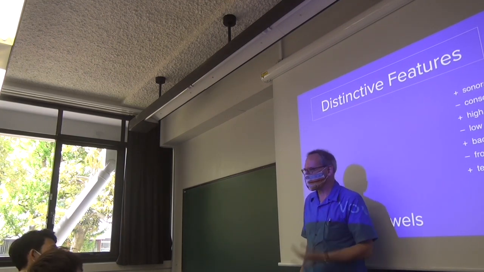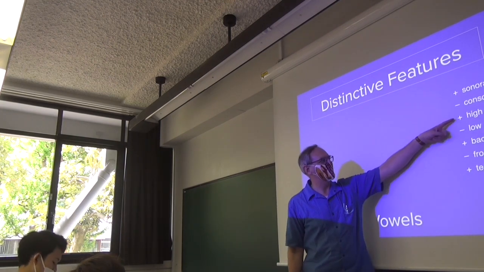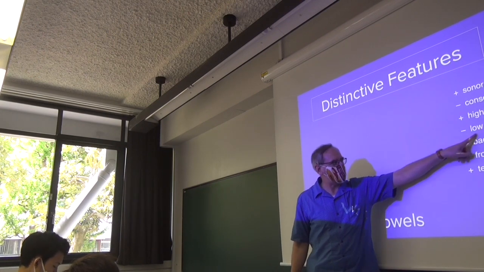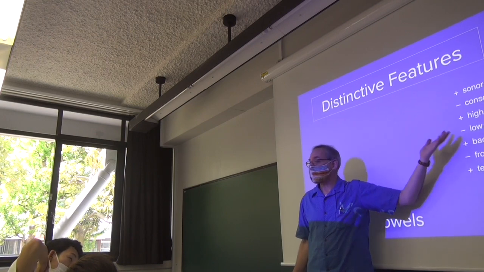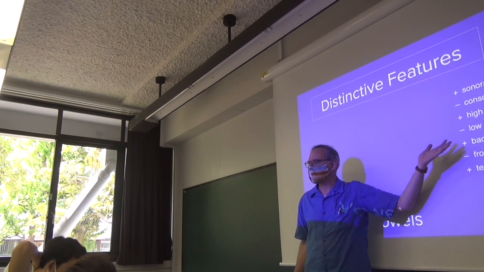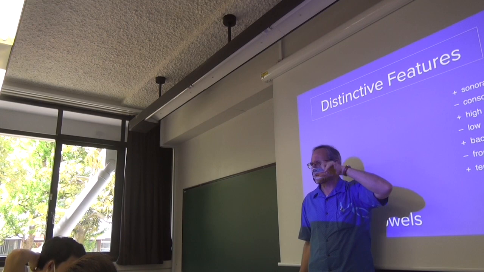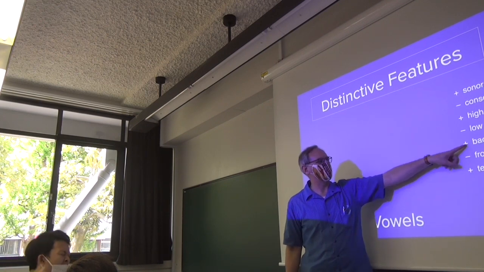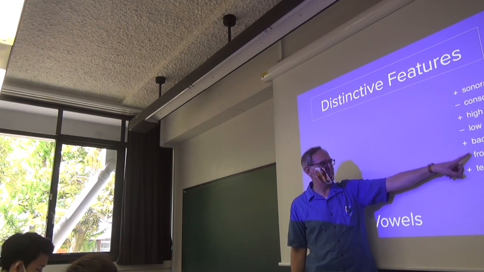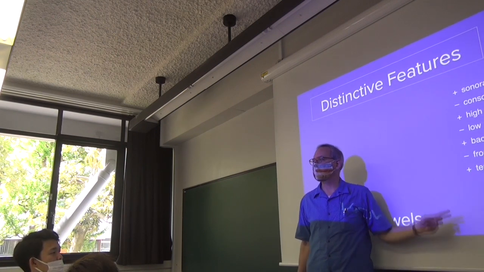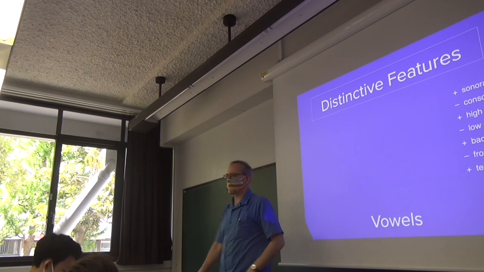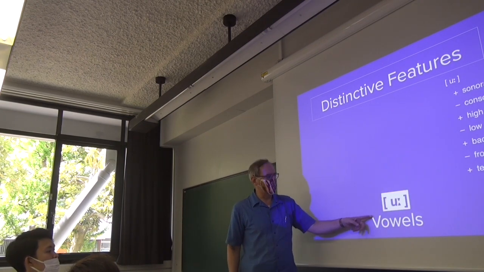It's either high or low or neither. In this case, it's a high vowel, plus back, minus front. You can't be plus back and plus front, with one exception we'll come to, in terms of tongue position. And then plus tense. So this is a high back tense vowel. This would be the feature combination for the vowel oo.